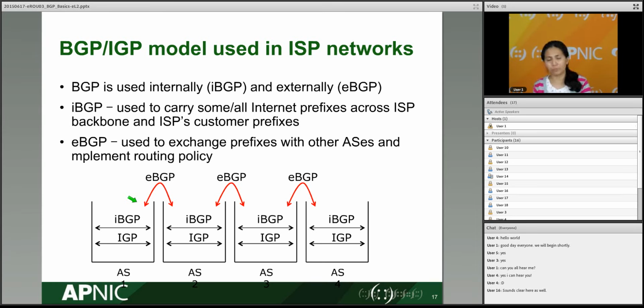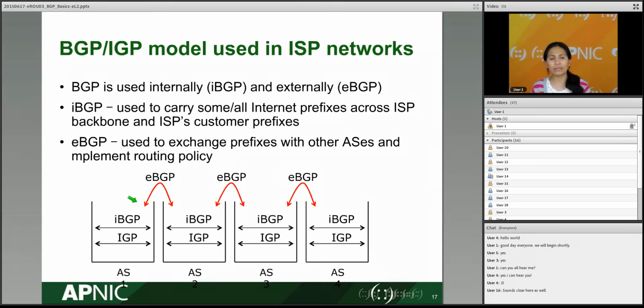BGP, or more specifically eBGP, doesn't exactly know what happens within an AS. It has its own internal topology. It uses its own choice of routing protocols. You have your IGP there. BGP only takes the information conveyed from other networks and shares it within the network. That's where you use your iBGP.